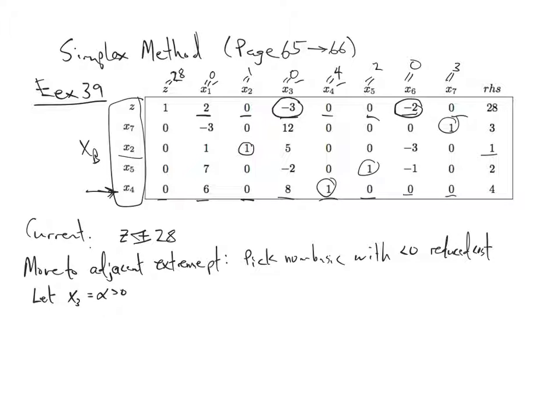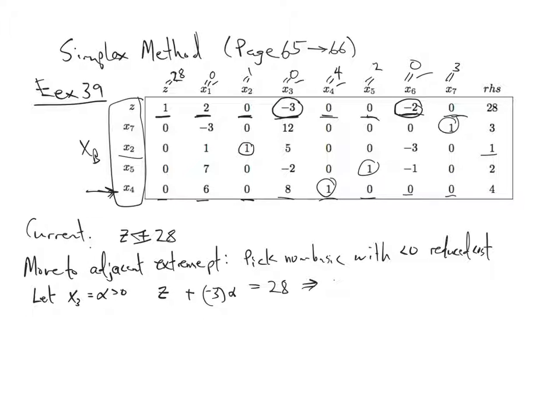If we rewrite the top equation, it says 1 times z, and 2 times x1 is being held at 0, so that doesn't contribute anything. x2 is multiplied by 0, so that doesn't contribute. Finally we get the negative 3 times the value of x3, which is alpha, and then 0, 0, and minus 2 times x6, a variable still being held at 0. So we just get this equation.